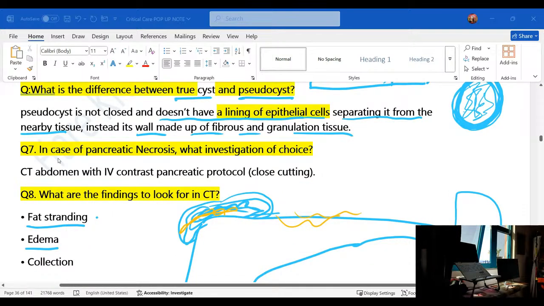Read, read. Key, key. No, key means what?